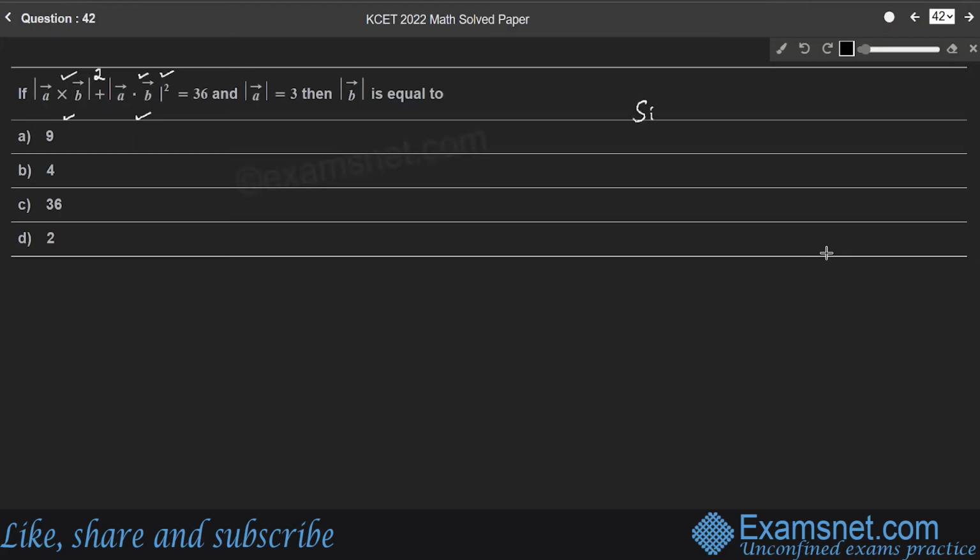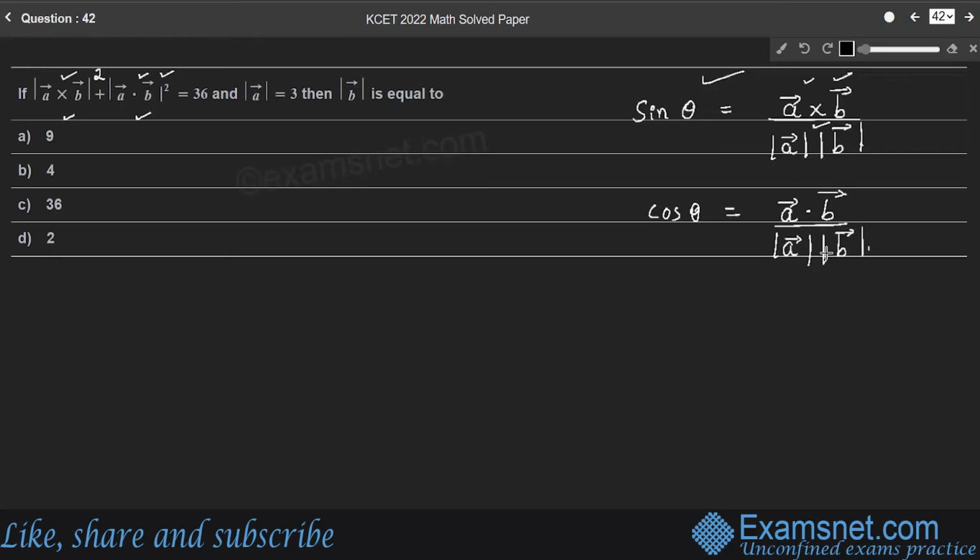We know that sine theta is equal to the cross product of two vectors divided by the product of their magnitudes, mod of vector A into mod of vector B. Whereas cos theta is equal to the dot product of two vectors, vector A dot vector B, divided by the product of the magnitudes of the two vectors.